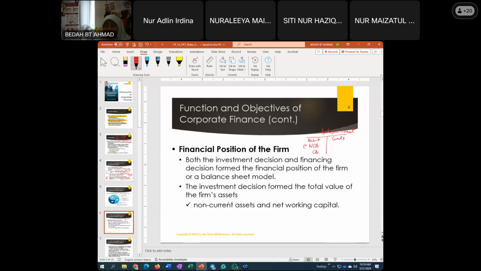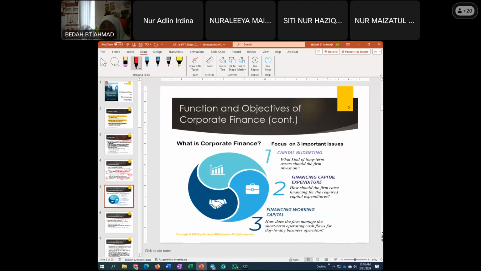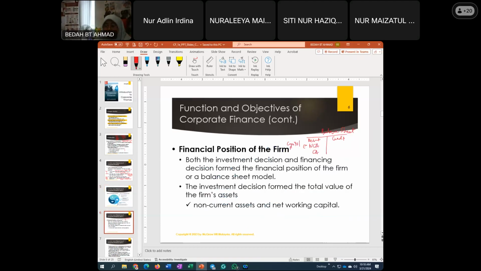Non-current assets is your capital. What was that again? Capital budgeting. So this is your capital budgeting investment. Current assets is your working capital. So these two form your assets.